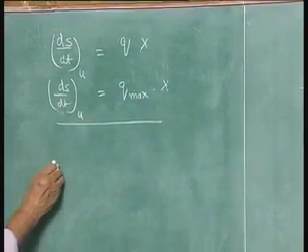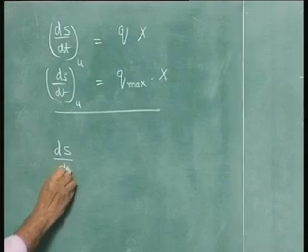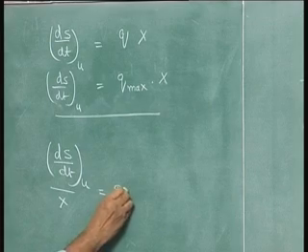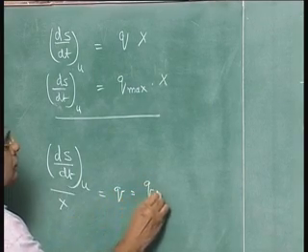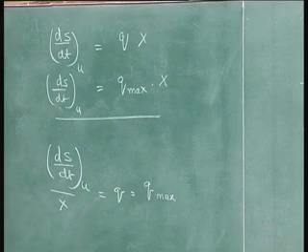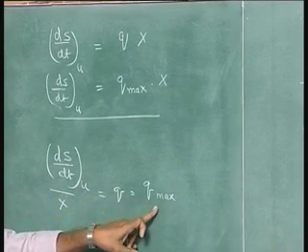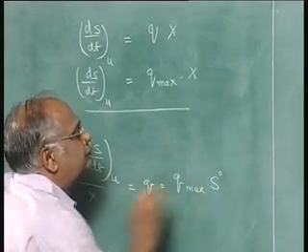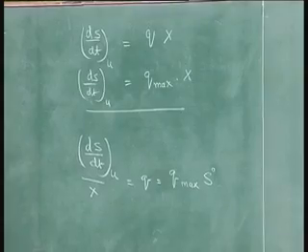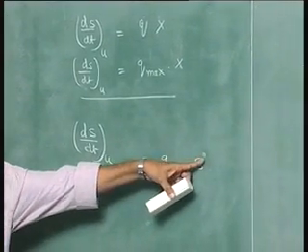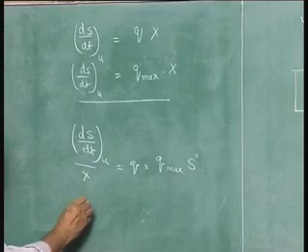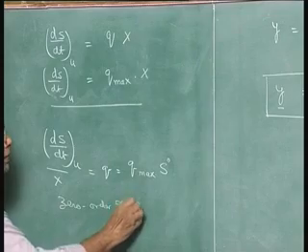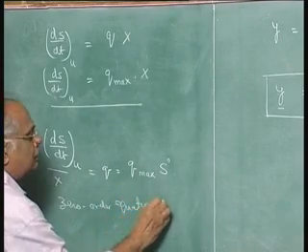In other words, ds by dt utilized over x is nothing but q, and q is equal to q max. In this equation, I can also write S to the power of 0, so this is a 0 order equation with respect to substrate concentration.